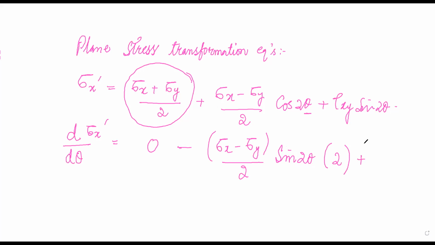Then plus tau xy, which is not a function of theta. The differentiation of sin 2 theta is 2 times cos 2 theta. I will write that here, and I have to put this entire expression equal to 0.